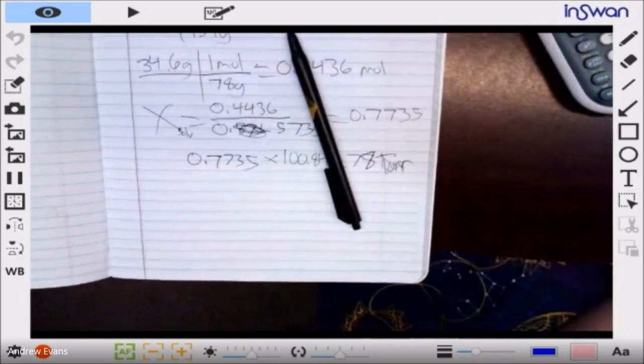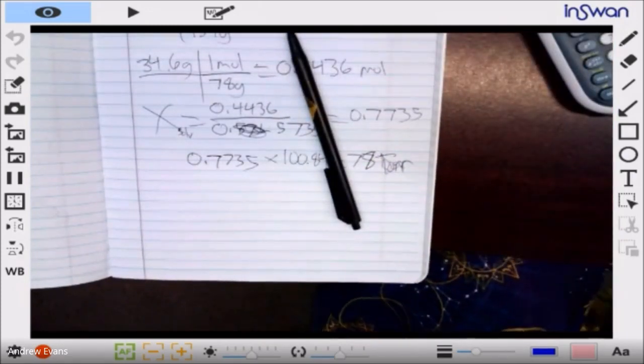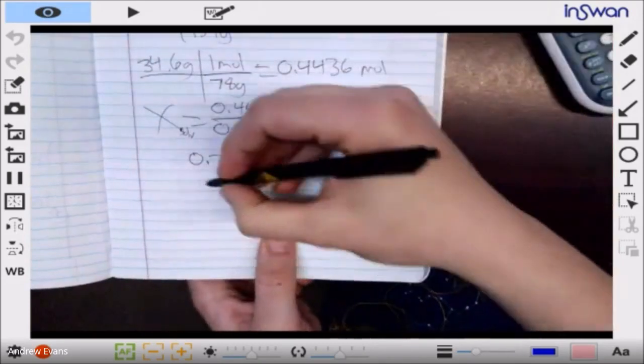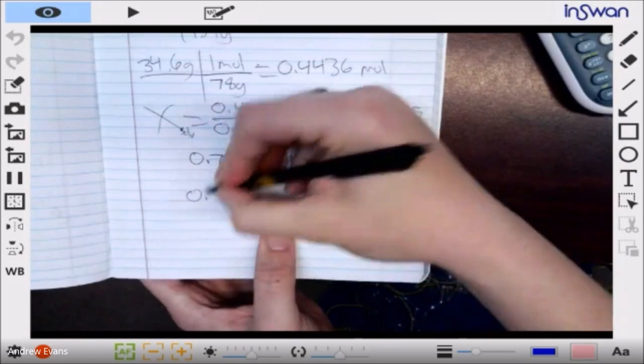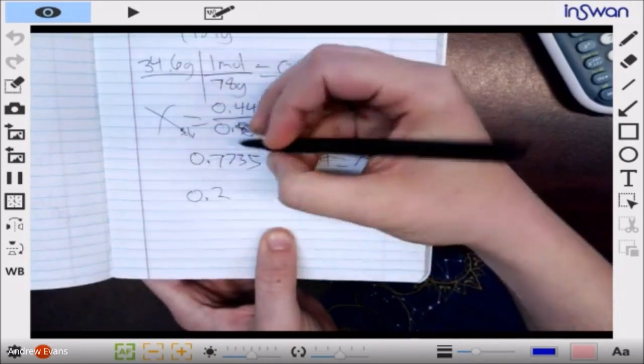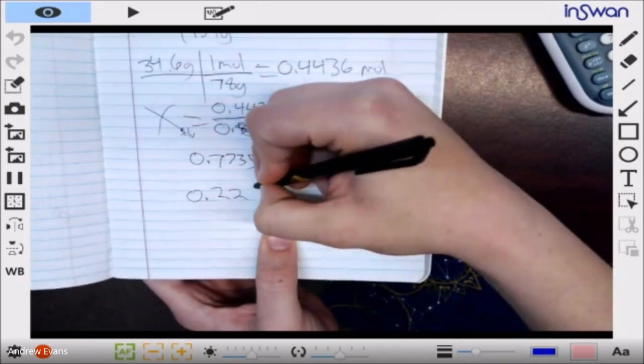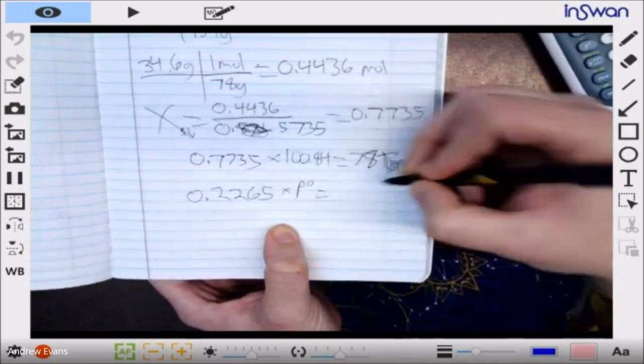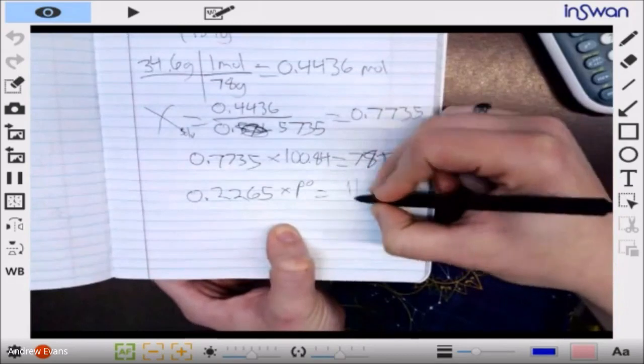Now, if biphenyl was volatile, then we would do the same with biphenyl. If biphenyl was volatile, then the mole fraction there would be 0.2265 times its P star, and that would give us a number.